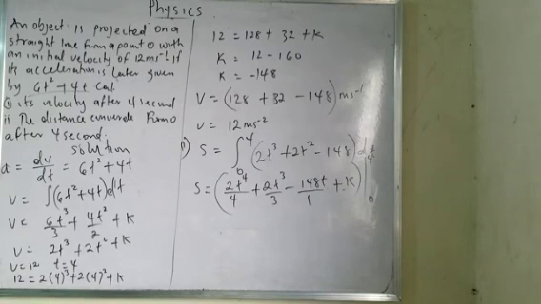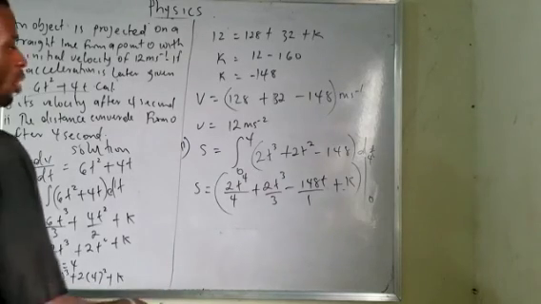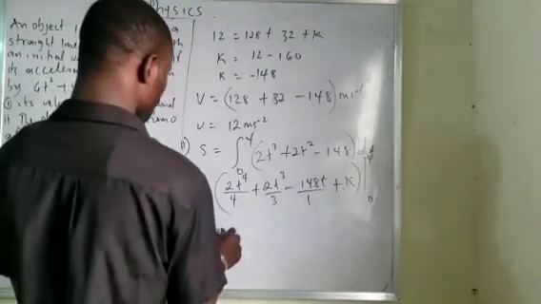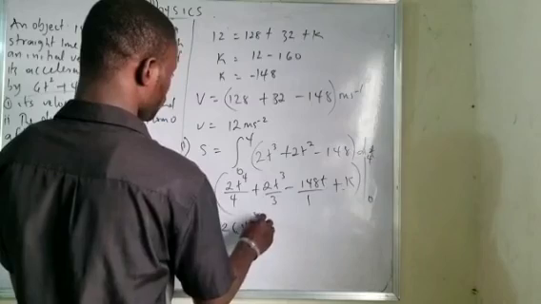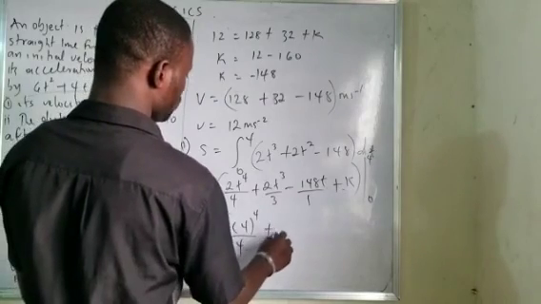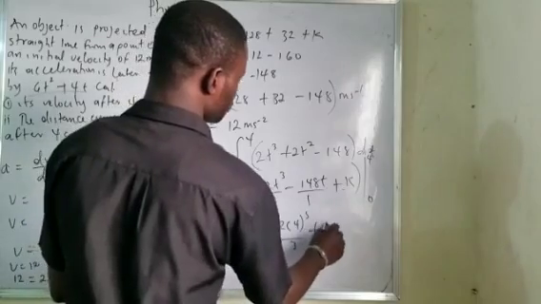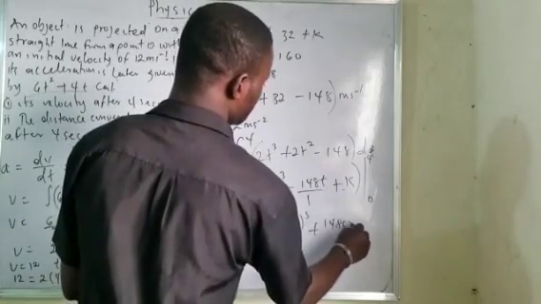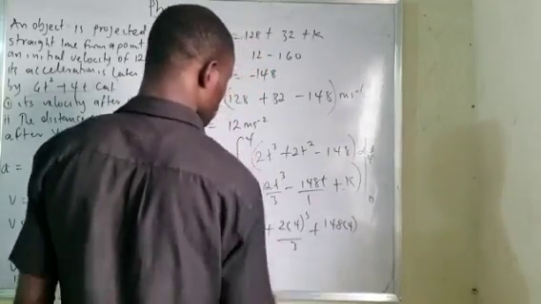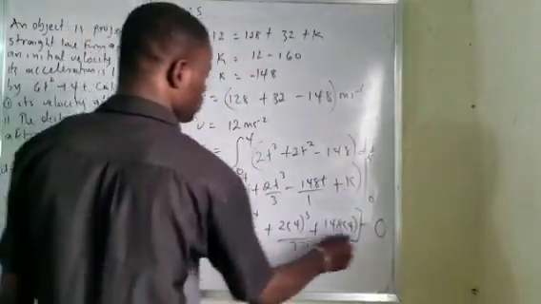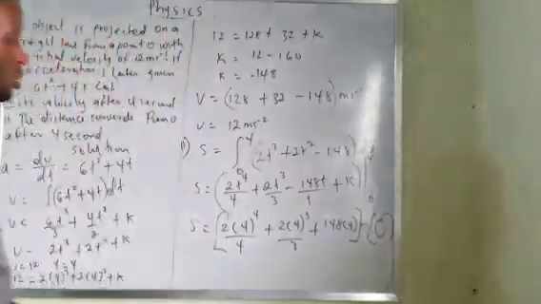Whatever you need is the upper limit minus the lower limit. The upper limit is 2 bracket of 4 to the power 4 divided by 4 plus 2 bracket of 4 cubed divided by 3 minus 148 bracket of 4. The lower limit is 0. That is all you need. By so doing, you have your answer.